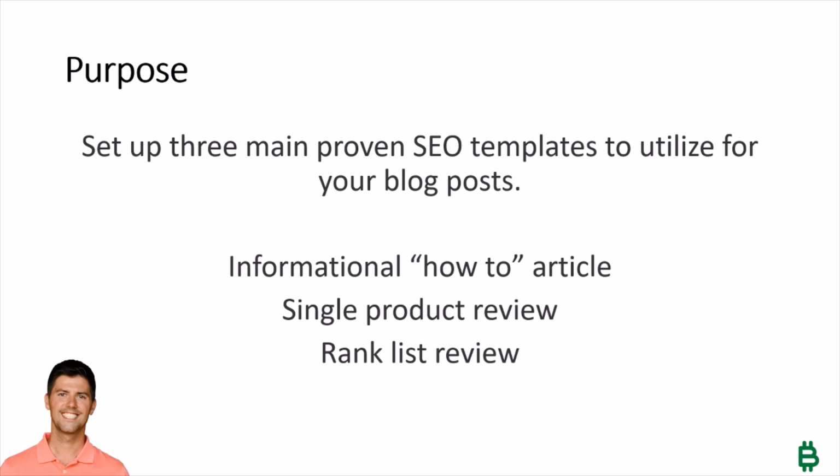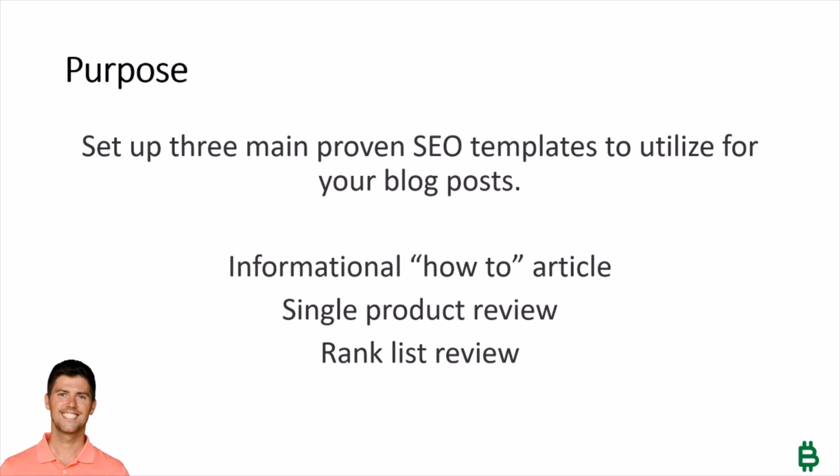And within those how-tos, no matter what niche you're in, you're usually utilizing tools or products. And within your article, you're going to be incorporating some affiliate links and affiliate marketing, so you're monetizing. And again, it's just an informational piece that is going to provide value to your audience, but also having that monetization aspect.